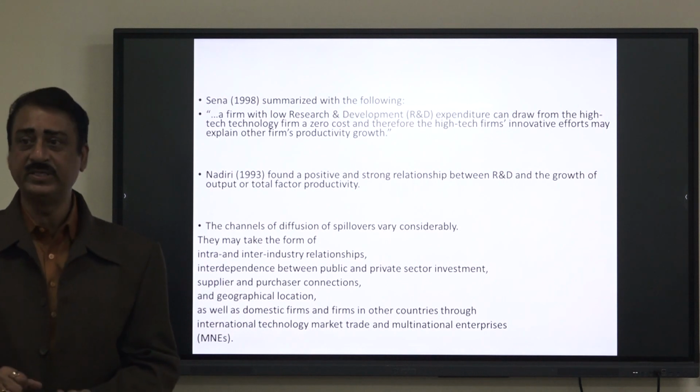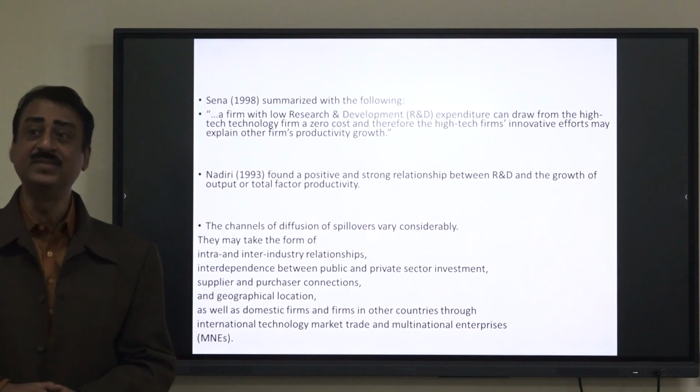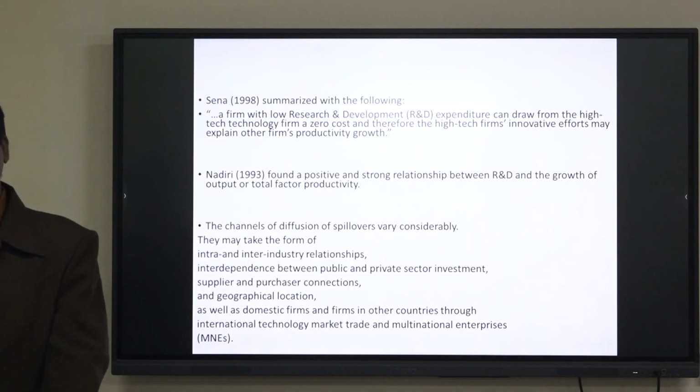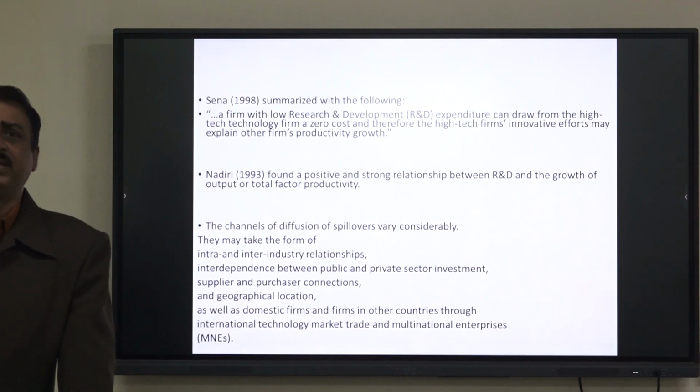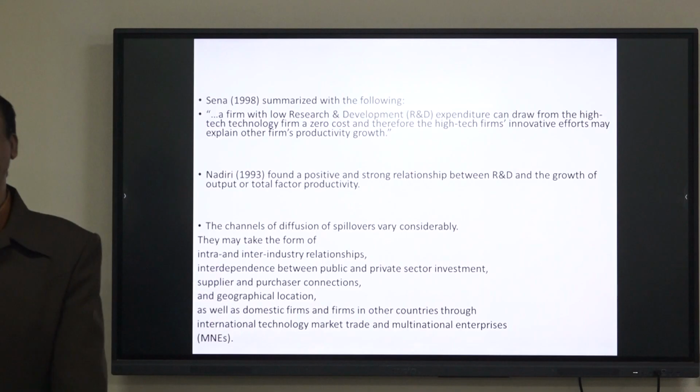There is a book by Isher Ahluwalia, Growth and Stagnation of the Indian Industry since the mid-60s. If you look at the Indian experience, immediately after independence, the Mahalanobis strategy, the second five-year plan, the Nehru-Mahalanobis strategy, wanted to emphasize that we must become self-sufficient. We should not depend on foreign countries.